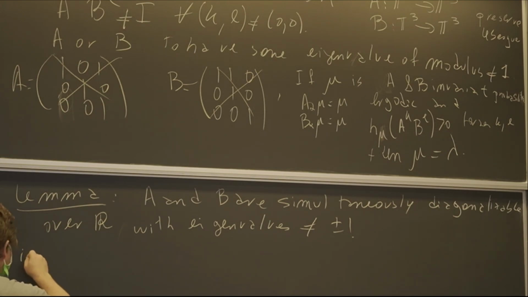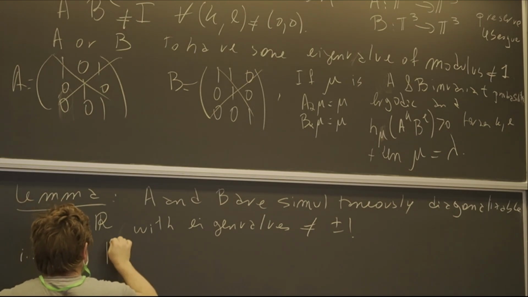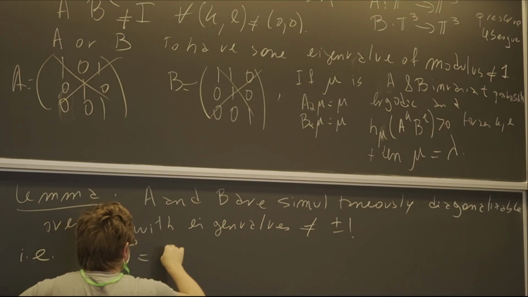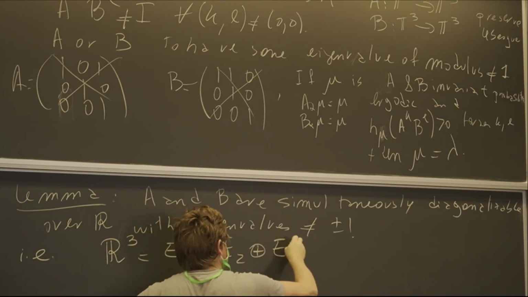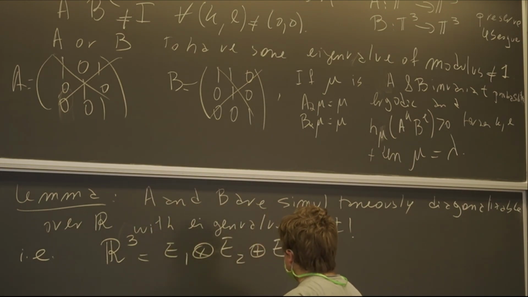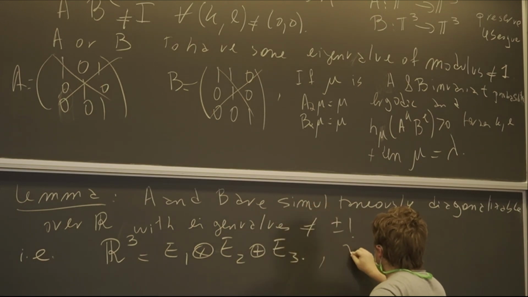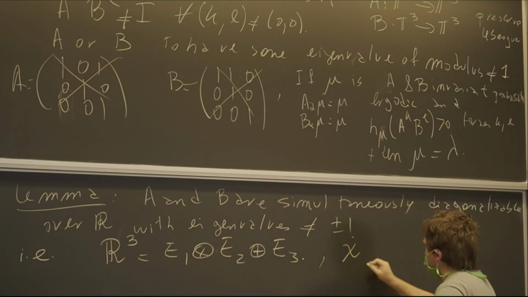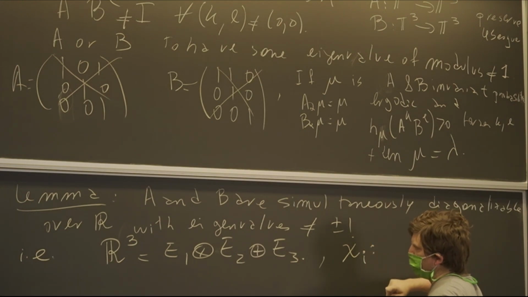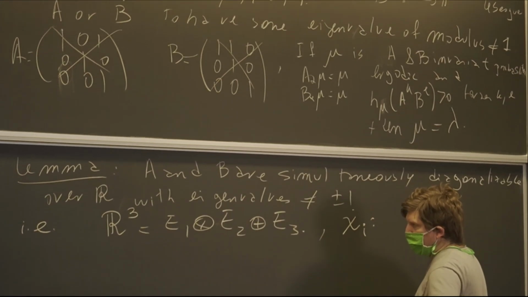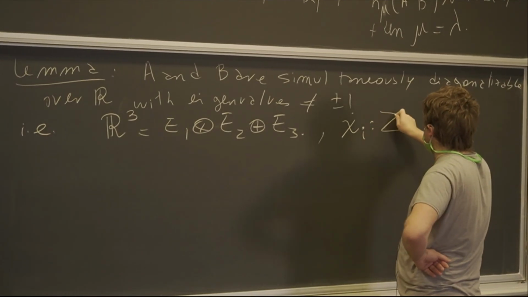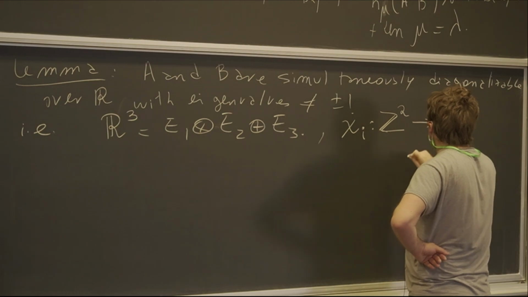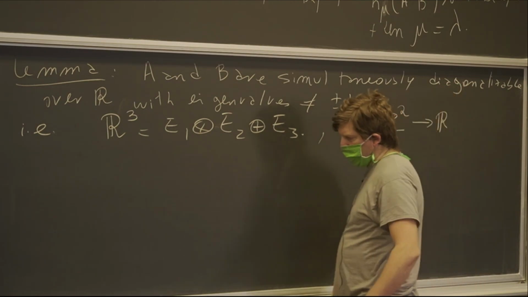And the way I really want it to happen is that I have R3 split as E1 plus E2 plus E3, and I have chi I from... okay, now comes some painful part, but let me still do it that way, into R.